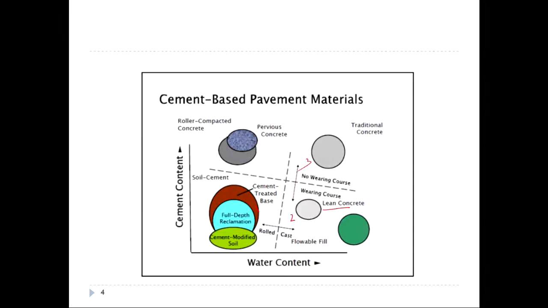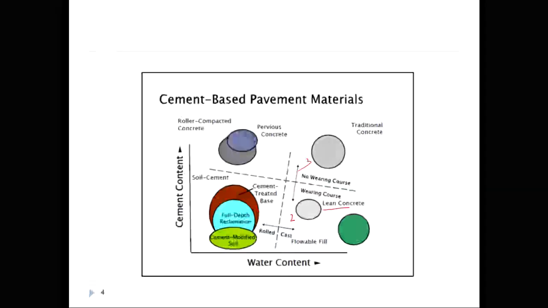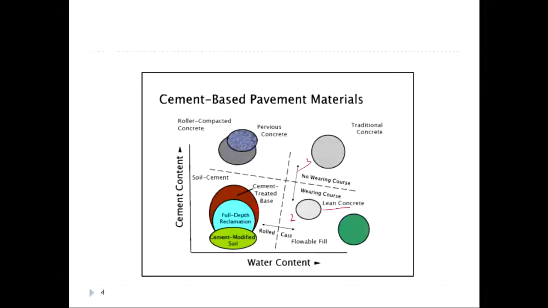Because it has a very low slump value, the method of compaction I should adopt should be different. So if I have lower water content and high cement content, this belongs to the category of roller compacted concrete. So basically, this is the array of different cement stabilized or cement modified mixes depending upon your water content and your cement content.